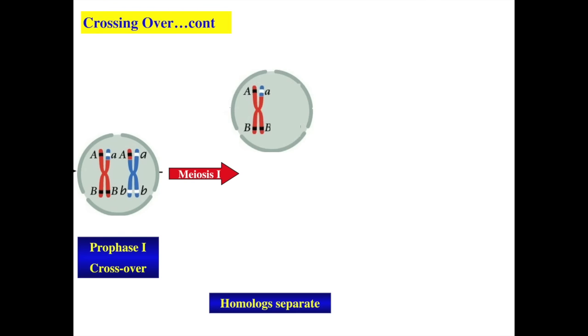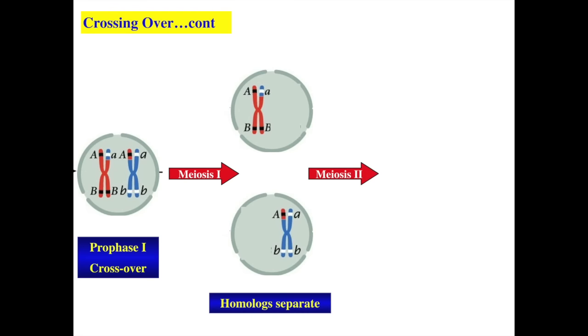As crossing over continues, you have your prophase 1 crossover that already occurred. You complete meiosis I, the homologs separate, and you get 2 different cells, each with a recombinant chromosome. But only one of the chromatids is recombinant, you can see, in each of these cells.